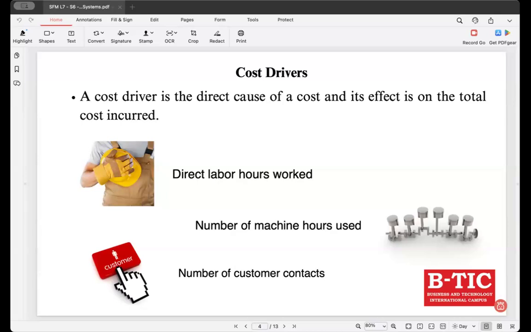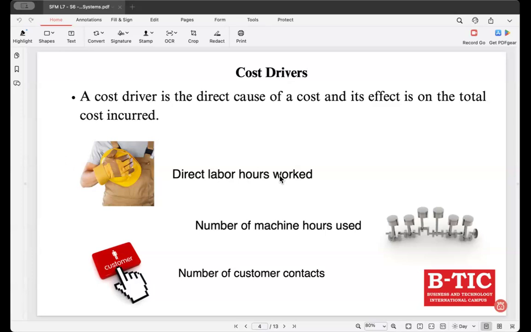We're going to find out how many units of products are produced. Product A, how many? Product B, how many? Product C, how many? How do we determine this? Through the number of units produced. So this is a cost driver. Clear? These are some examples of cost drivers.